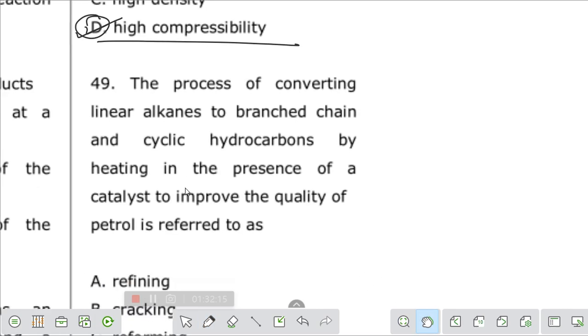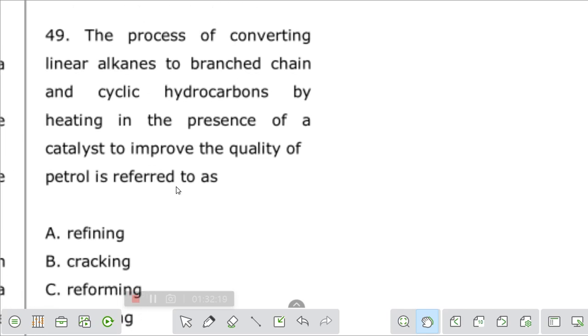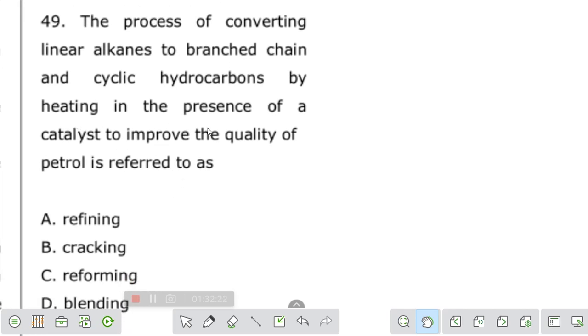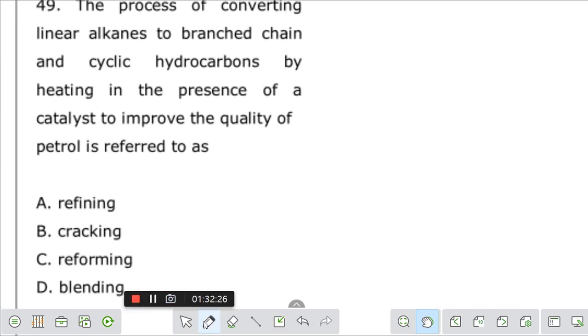So the process of converting linear alkanes to branch chain and cyclic hydrocarbons by heating in the presence of a catalyst, to improve the quality, is called what? That's reforming. I told you cracking is breaking down of large molecules of hydrocarbon to form a lighter one that is more marketable and usable.